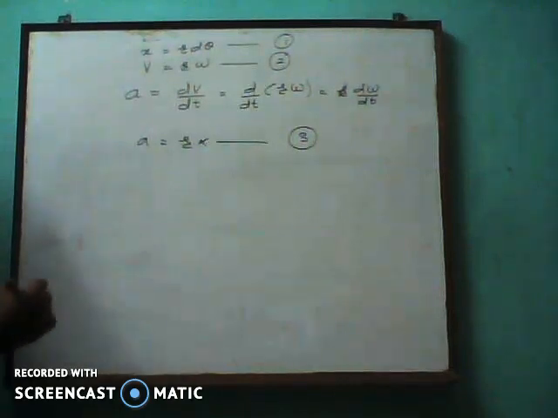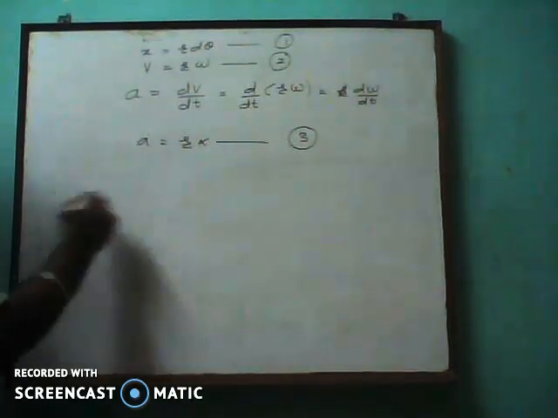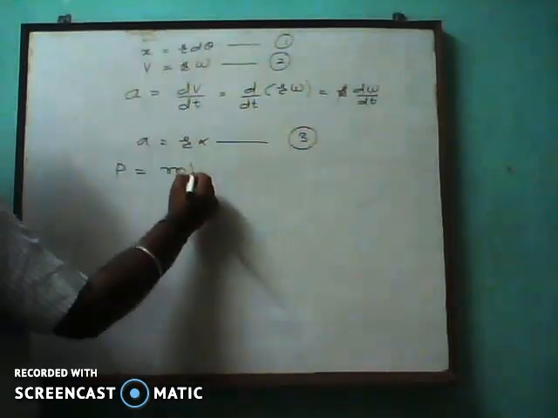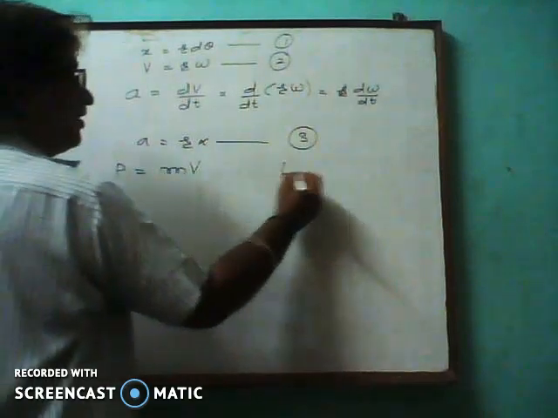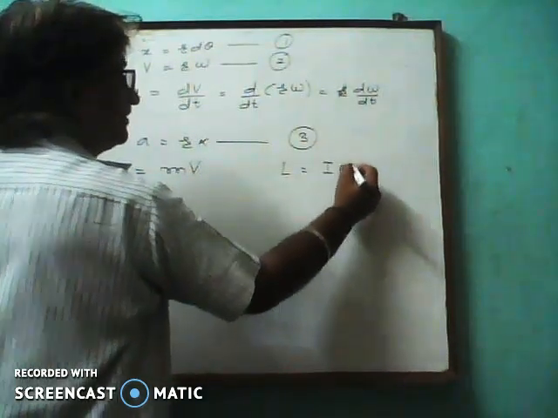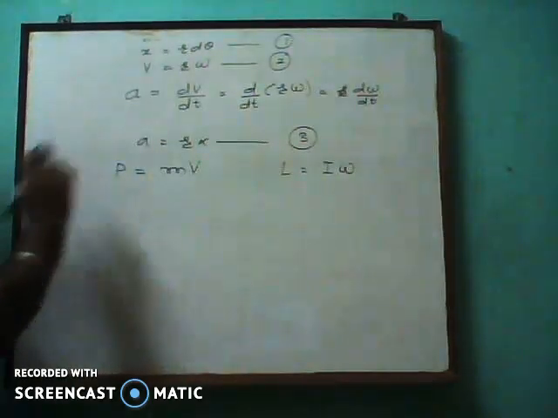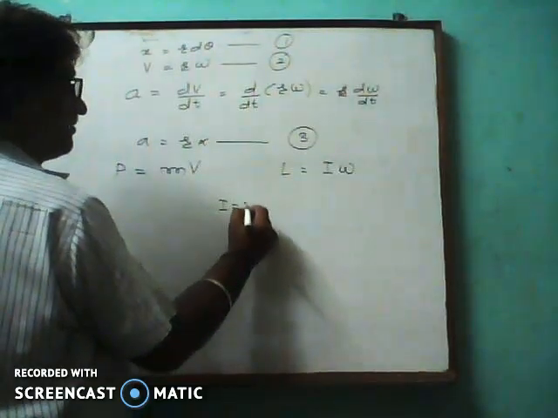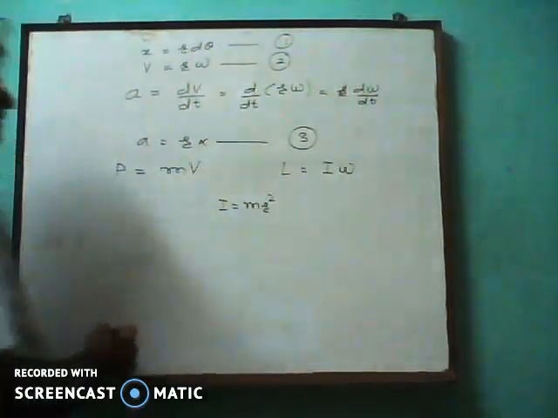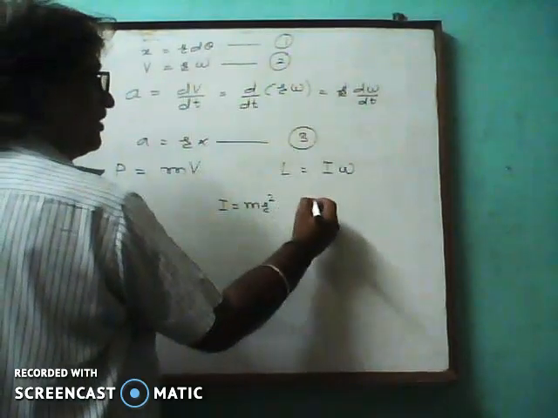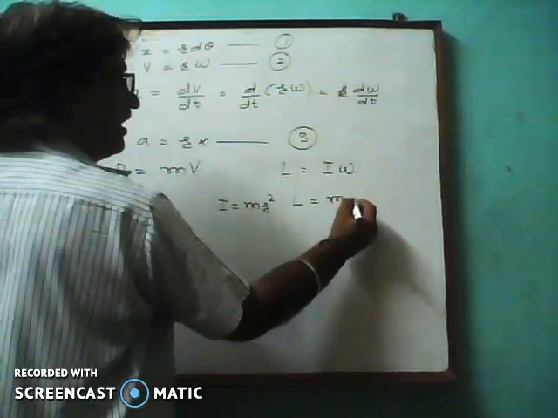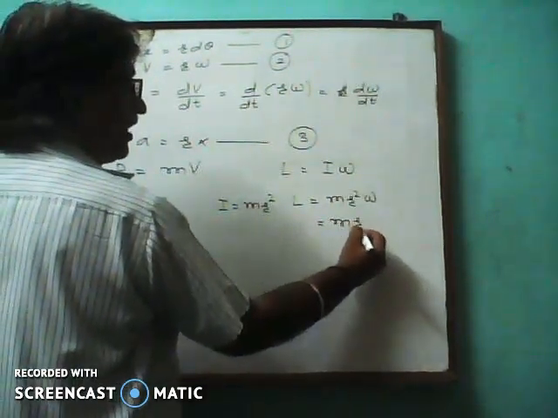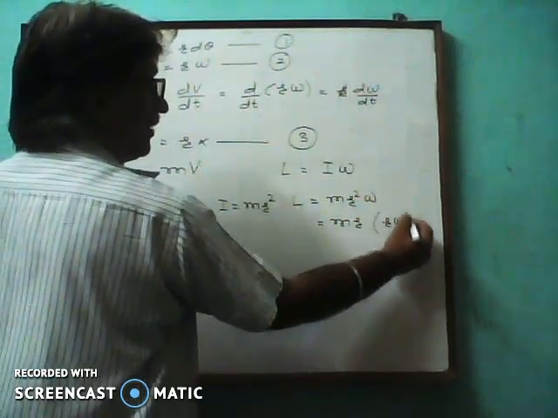A similar relation can be seen if we know the two formulas for linear momentum, P equals m into v, and L equals I omega. L is angular momentum, P is linear momentum. By definition of moment of inertia, I is equal to m r square. If we substitute here, L is equal to m r square omega, which can be rewritten as m into r into (r omega).